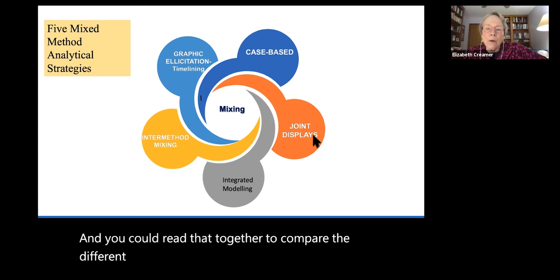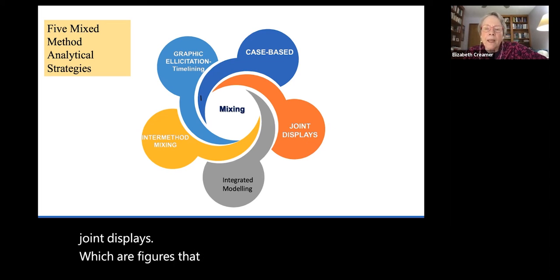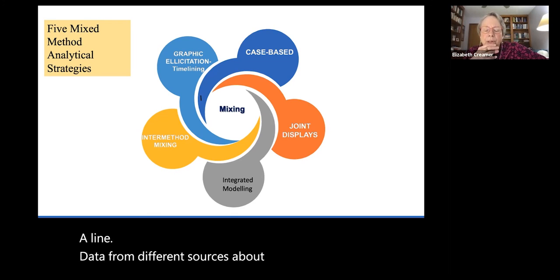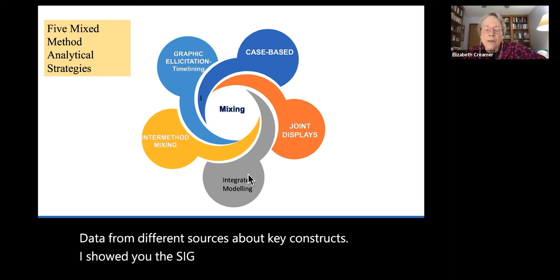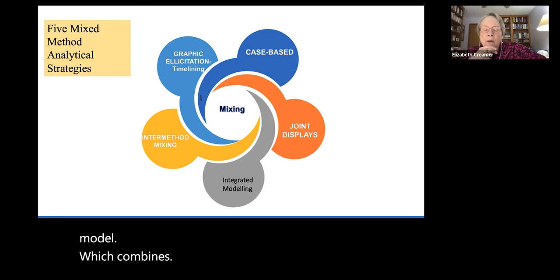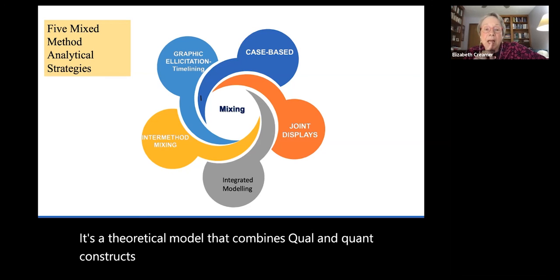I've already shown you a couple of joint displays, which are figures that deliberately align data from different sources about key constructs. I showed you this one here, the integrated model, which is a theoretical model that combines qual and quant constructs and paths.